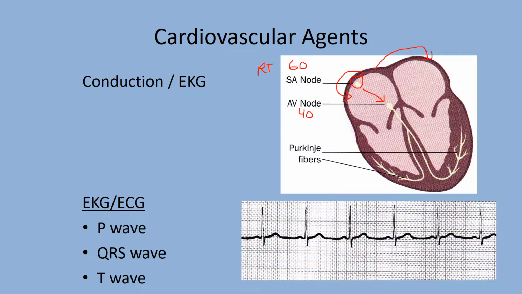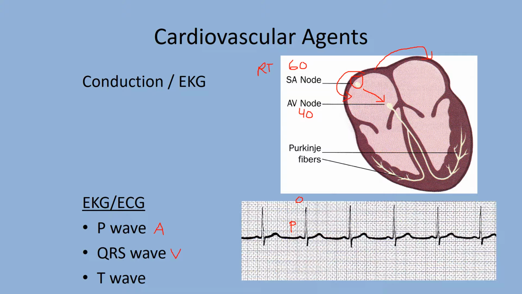The waves. P waves is atrial depolarization. So that's when the atrium is firing. So that's this wave here. Then you have your QRS complex. That is when the ventricles contract.